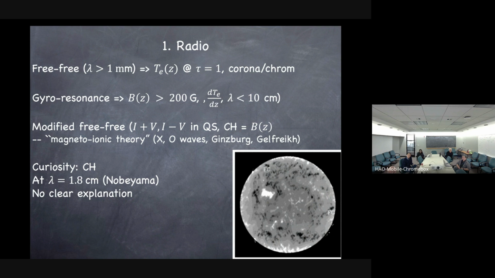That leads us, for wavelengths above about 1 millimeter, just because the classical coefficients and the quantum modifications of those for the interaction of light with free electrons tell us that we are entitled to try and derive, just from the surface brightness, what the temperature is as a function of height.